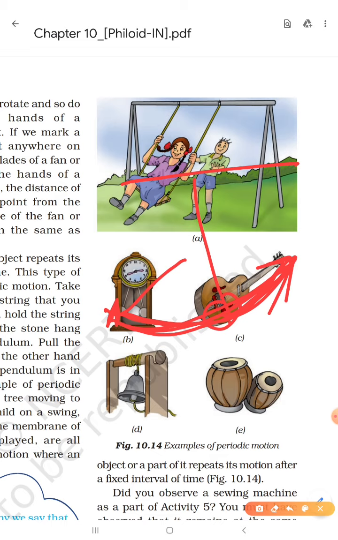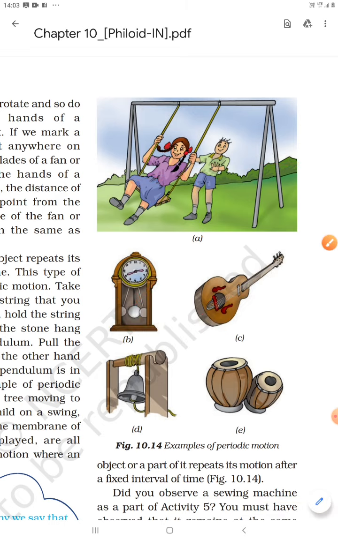But you should know that in some examples we can see more than one motion in one condition, like rectilinear motion and circular motion, or even three motions.